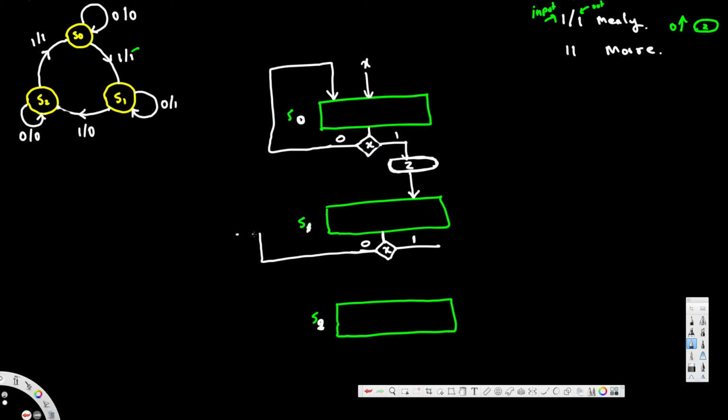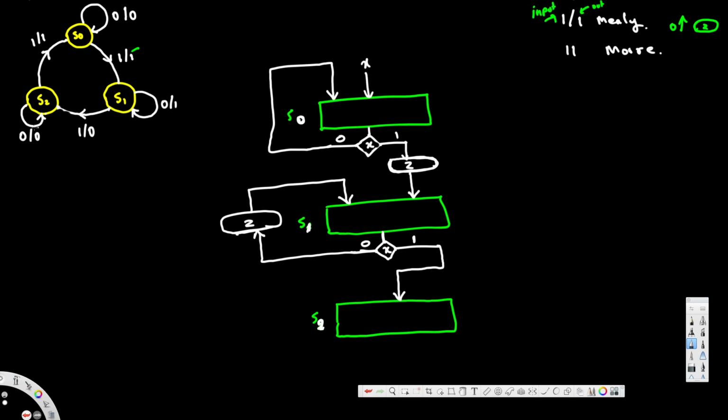Here we will have a conditional box like this. This is Z, and it goes back to S1. And when the input is 1, the output is 0, it goes to S2. Output is 0, so we don't have to put a conditional box. We can just directly connect them.